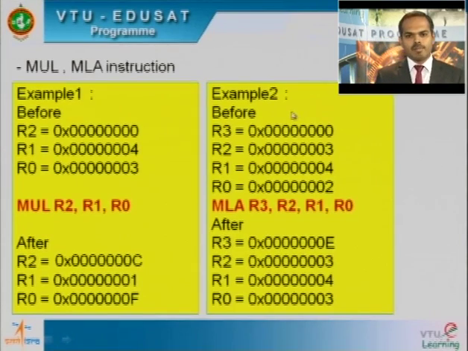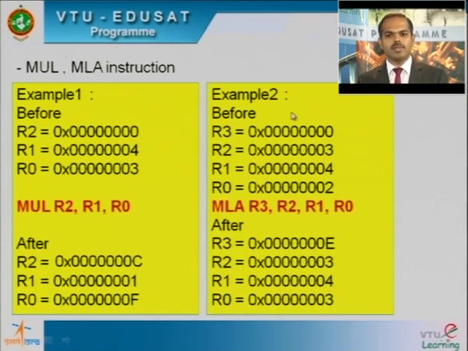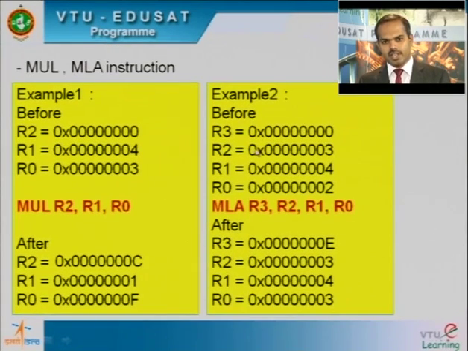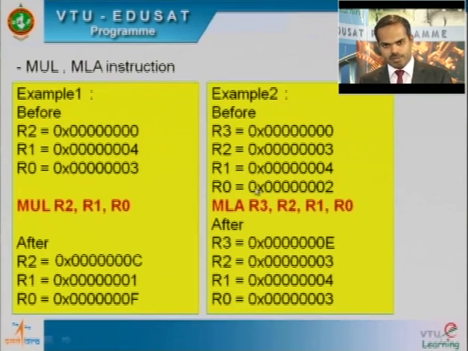Now see example 2. In example 2, R3 is 0, R2 is 3, R1 is 4 and R0 is 2. This is the register content before the execution of the instruction.